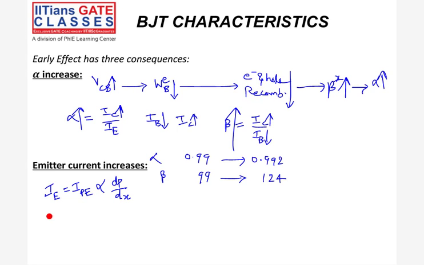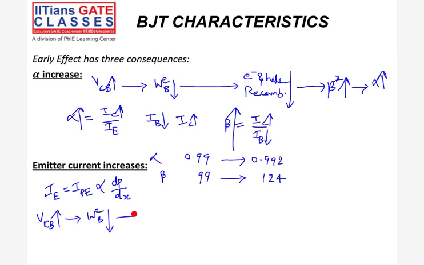So suppose what will I do? I am increasing VCB. I increased VCB first. So the effective base width, that is WB effective, got decreased. Because of this, the effective base width decreases.